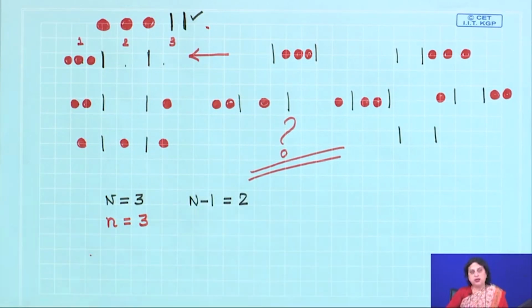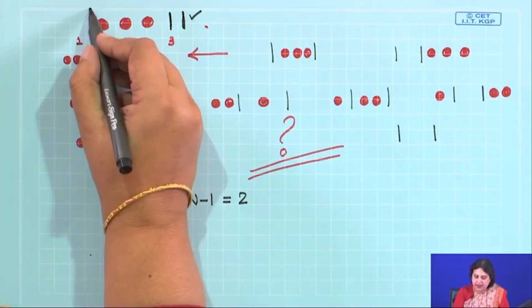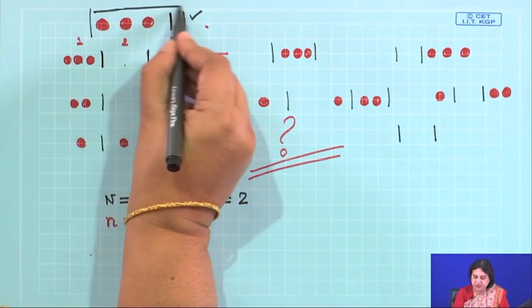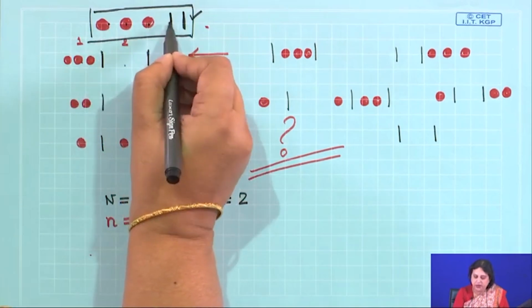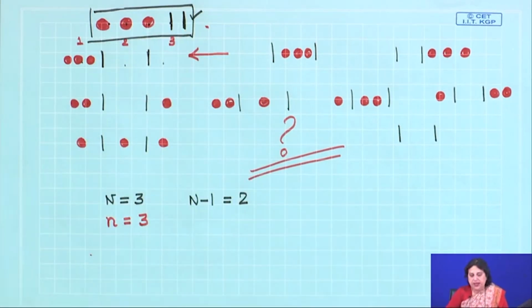So, what is the total number of symbols that you have? I have represented them here. I have 1, 2, 3, 4, 5. I have a total of 5 symbols, out of which I will have to choose 3 as pellets.